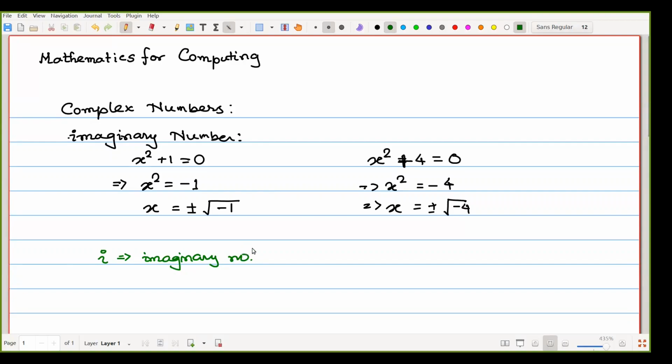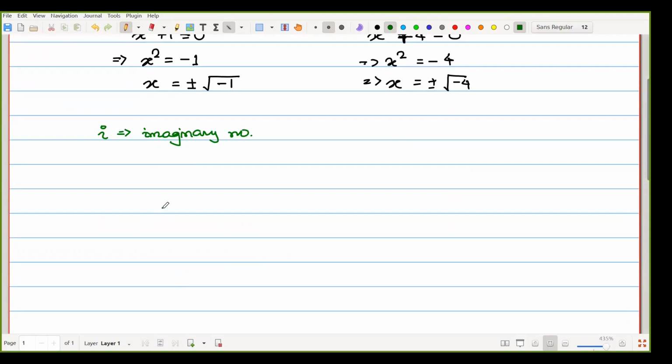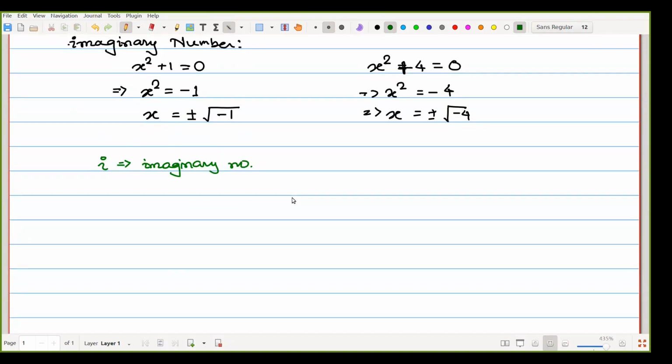To find out the solution of such equations like x square plus 1 or x square plus 4 equal to 0, the imaginary number is important. And about 400 years ago, the mathematicians proposed the introduction of the imaginary number, that is small i.